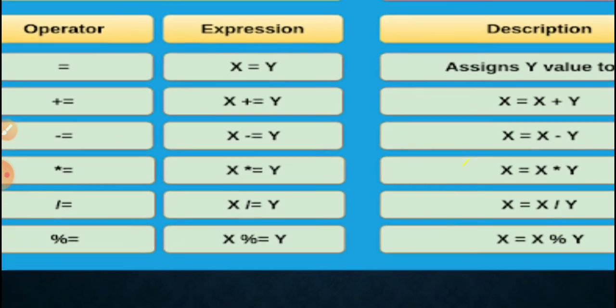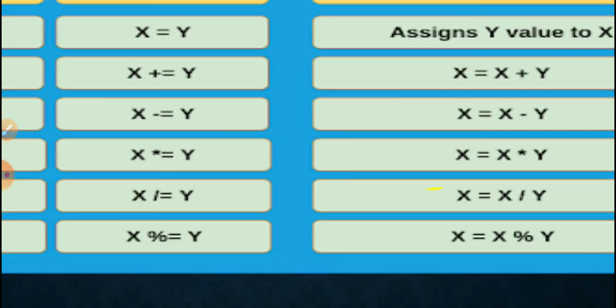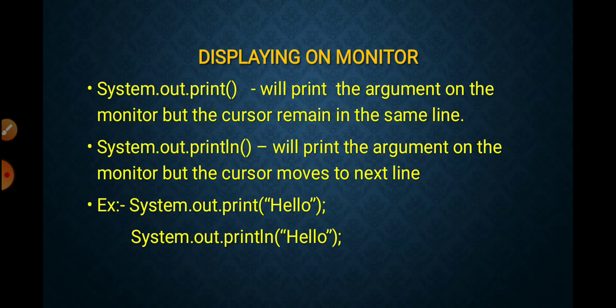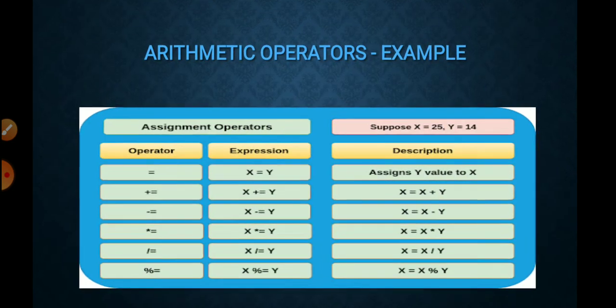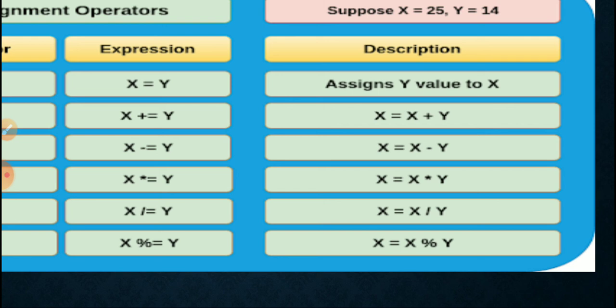Next is x minus equal to y, that is x equal to x minus y. x multiplication equal to y, that is x equal to x multiplied by y. x slash equal to y, that is x equal to x divided by y. x modulus equal to y, that is x equal to x modulus y.